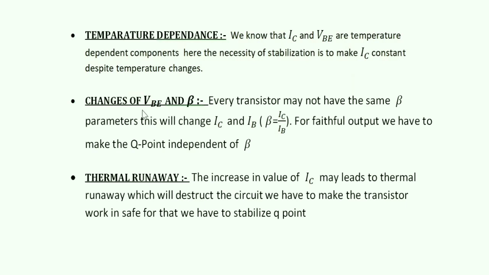And change in VB and beta are the other two main components. Beta is the gain of the transistor. If the gain changes, then the output automatically changes, and it will not give us faithful amplification. For that, beta must be made constant. That means if we make IC constant, we know that IB, the input current, will be constant.